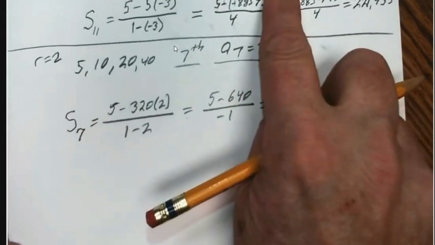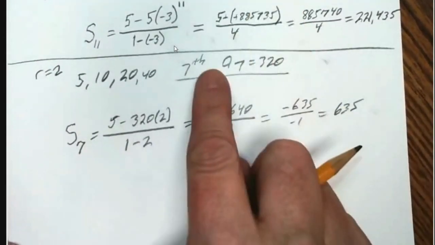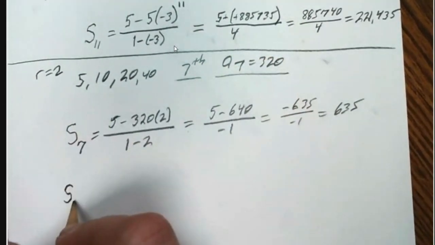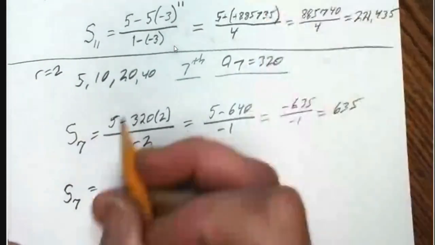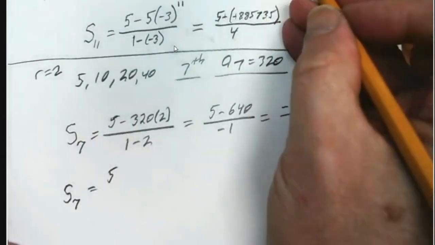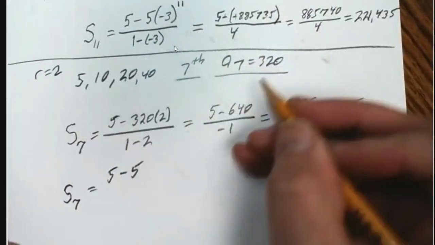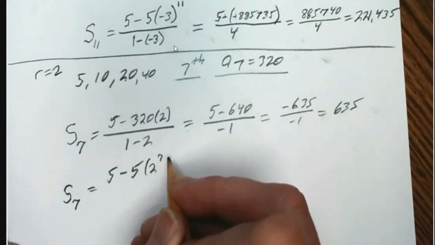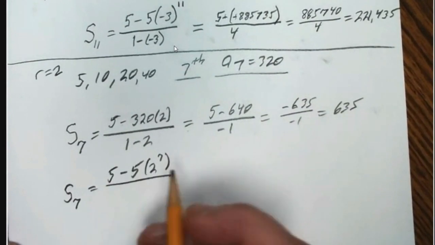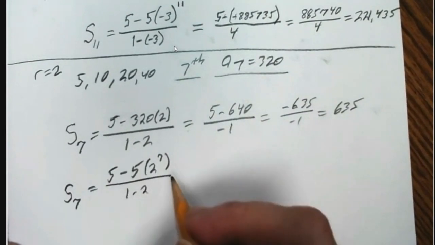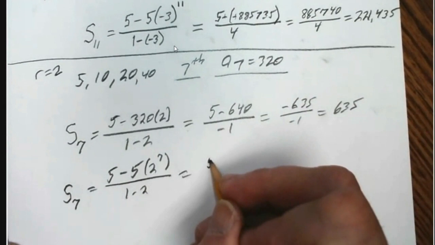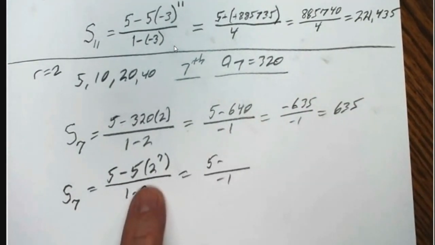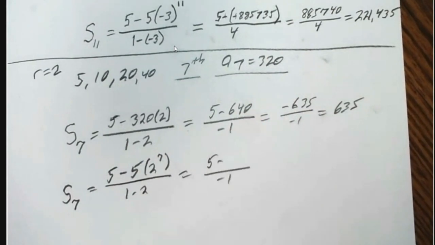So let's check it using this formula now. Let's say we didn't have all the numbers. We just have the first few. S sub 7 equals a sub 1 minus a sub 1 times r to the 7th, so 2 to the 7th, over 1 minus 2. Okay, 5 minus 5 times 2 to the 7th, over negative 1. What's the odds that this is going to come out to be 640, huh?